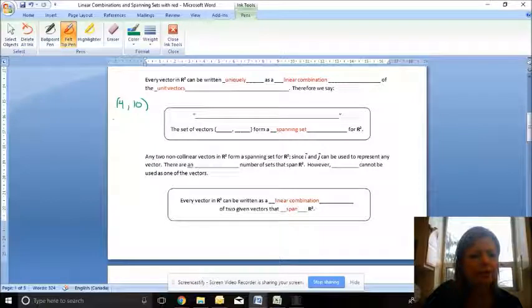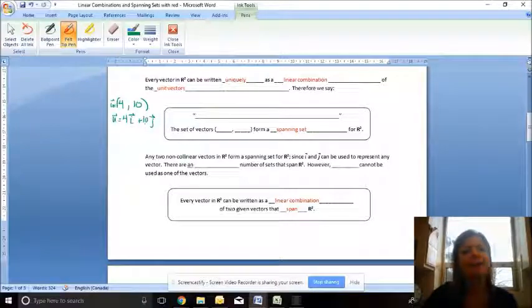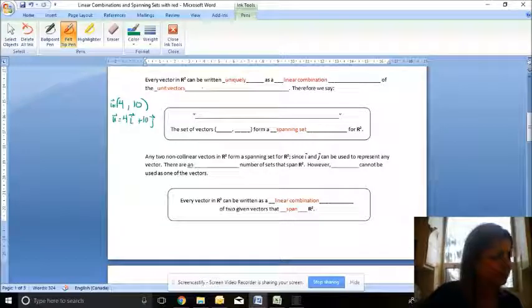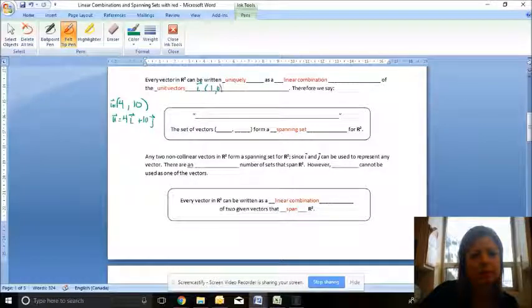So let's call this u. u can be written as 4 times the unit vector i plus 10 times the unit vector j. And this exact thing can be done for any vector in R2. So the unit vectors are i, which is 1, 0, and j, which is 0, 1.